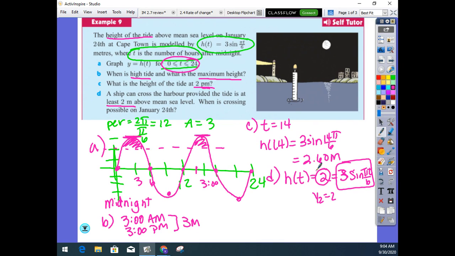Make sure you're in radians. So we get 4 answers, right? We get this one, this one, this one, and this one. All right, so I get my t values.